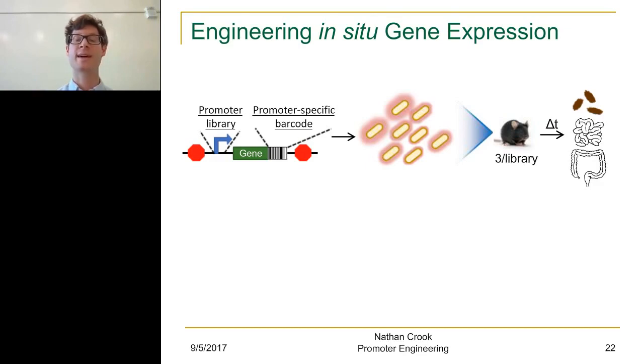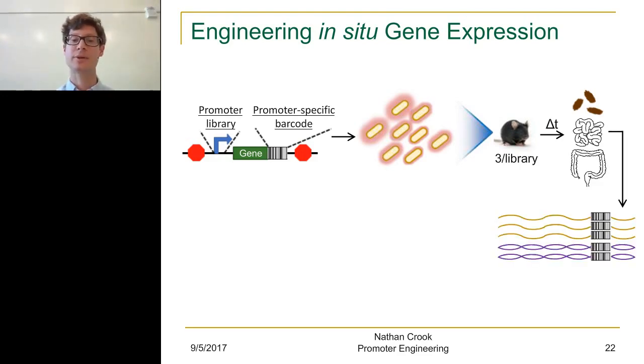We're going from a promoter-centric approach for mouse experiments to a library-centric approach, and we can measure many promoter constructs in very high throughput. Then you can recover DNA and RNA from those organs. The RNA measures the gene expression abundance, and importantly, the barcode that I inserted after each promoter is going to be present within that RNA.